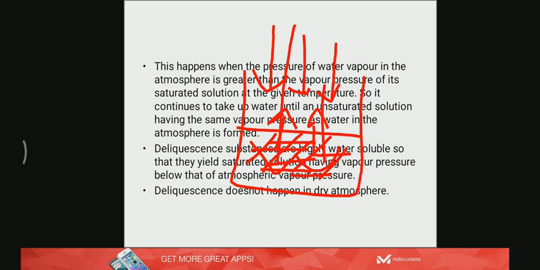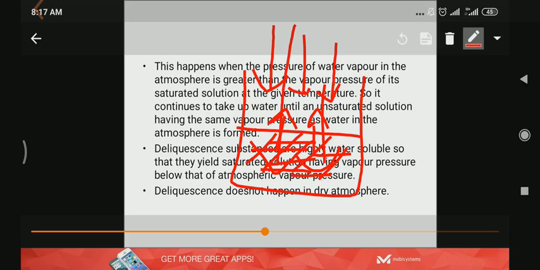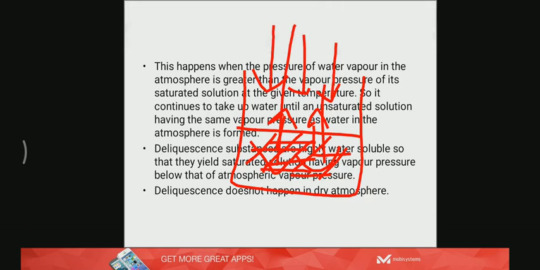So in effect, NaOH has a tendency to absorb water vapor from the atmosphere. This happens when the atmosphere is humid. So the atmospheric condition is also important. Only when there is sufficient water vapor in the atmosphere can this deliquescent substance absorb moisture and eventually dissolve in it.